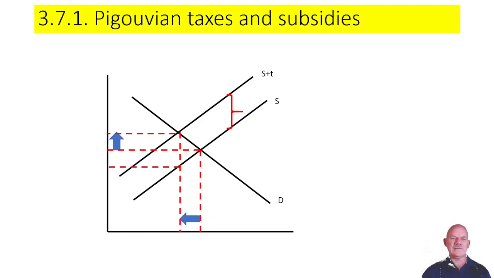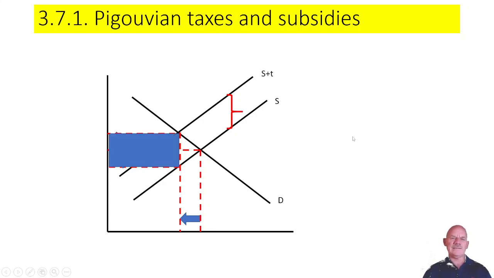So they actually receive that amount of money, and the difference is the tax small t. So they actually receive less than before. They used to get the equilibrium price of the starting equilibrium. Now they get less.